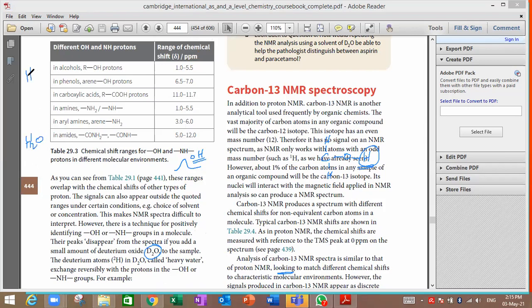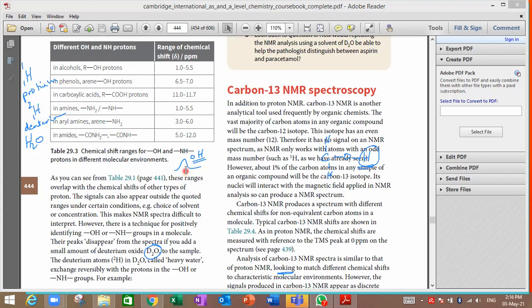You know, we have H-1-1, we call it proton or protium, and we have the other isotope, H-1-2, we call it deuterium. Deuterium contains one proton and one neutron, altogether an even number, and this means that it will not absorb in NMR spectroscopy.